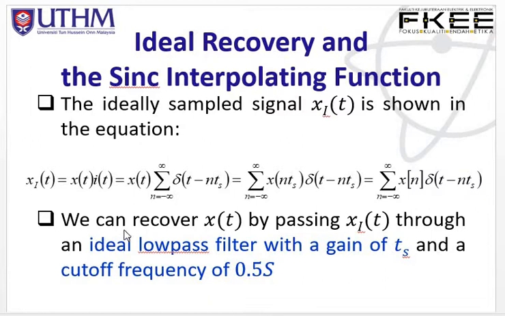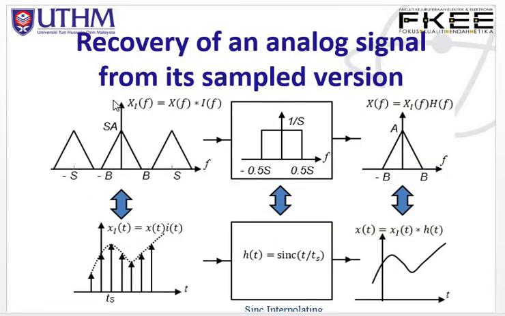In this case, we can recover x(t) by passing the ideally sampled signal through an ideal low-pass filter with a gain of Ts and a cutoff frequency of 0.5 Fs. This is the spectrum of the ideally sampled signal and its ideal low-pass filter. Then it passes through a sinc function, and at the end the analog signal is recovered.